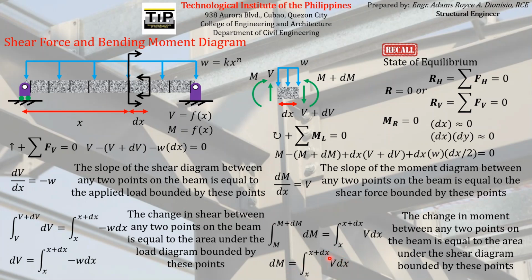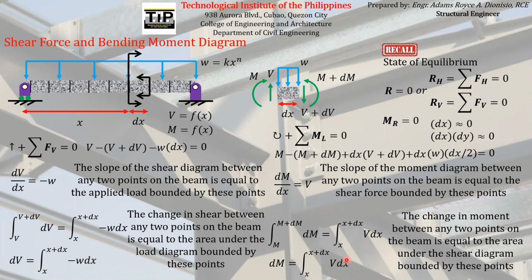The degree of this moment diagram will be 2 degrees higher than this, because we will use the shear force equation here, which is again 1 degree higher already than the load diagram. And then we will integrate it again, so we will add another 1 on the exponent, so it will be 2 degrees higher than the load diagram, or 1 degree higher than the shear diagram.